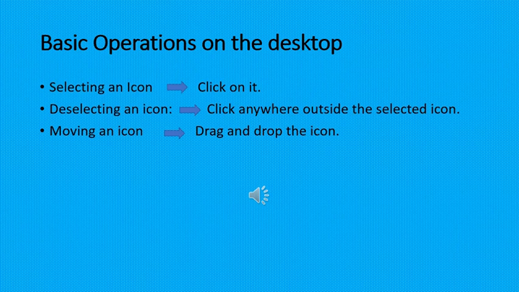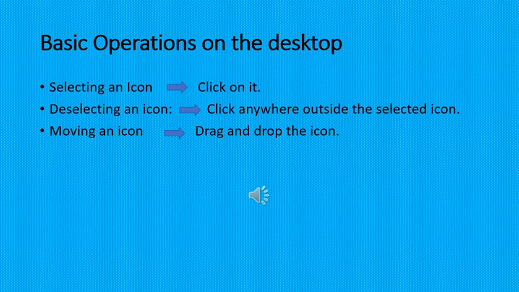Deselecting an icon means you can remove the selection from the selected icon. That is, click anywhere outside the selected icon. When you click anywhere outside the selected icon, the selection will disappear.